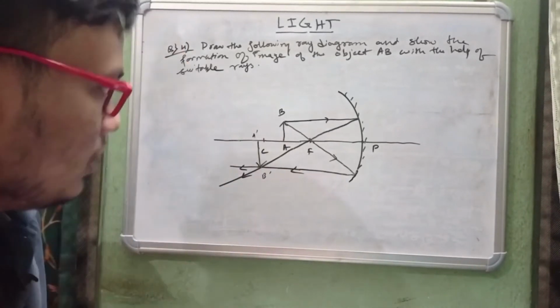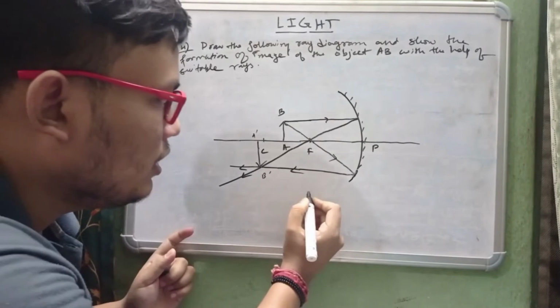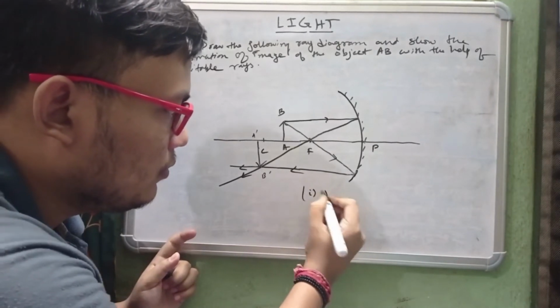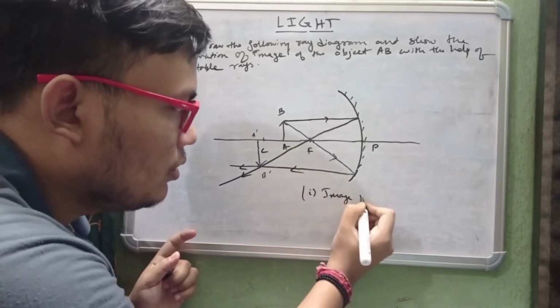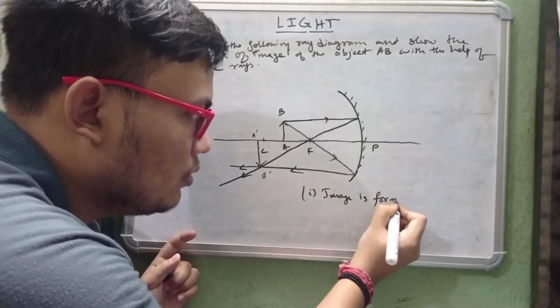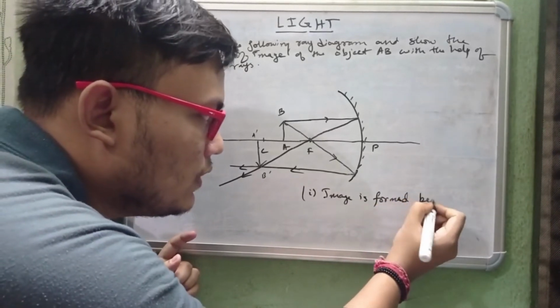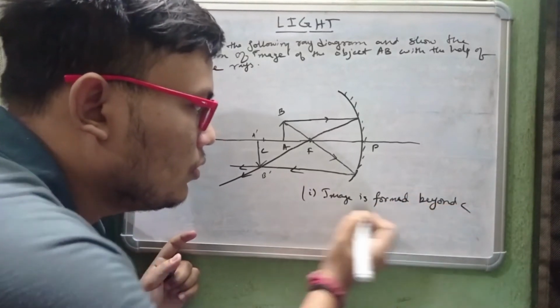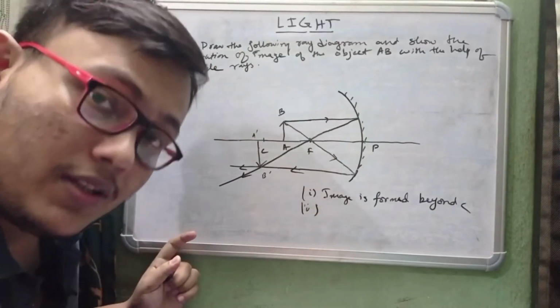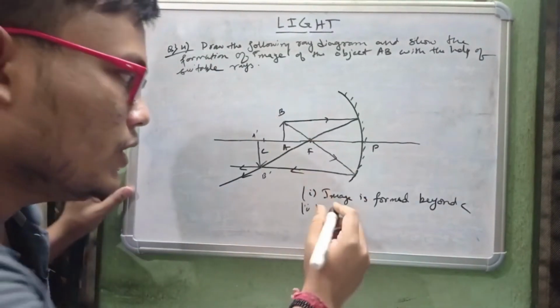So what will be the nature of the image? Image is formed beyond C. Also the image is bigger in size than that of the object.